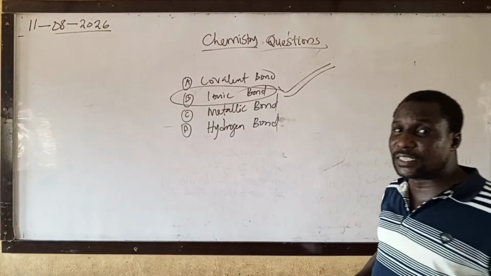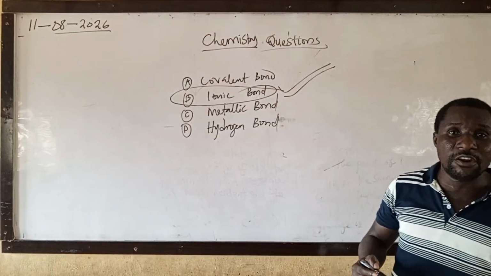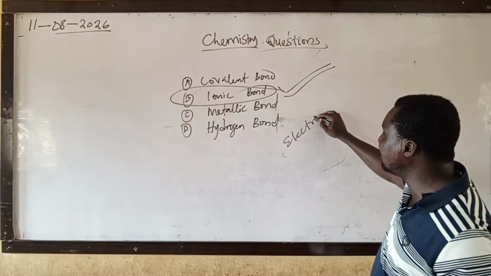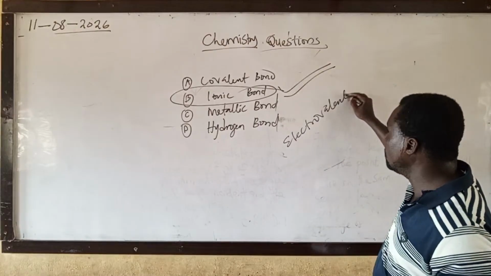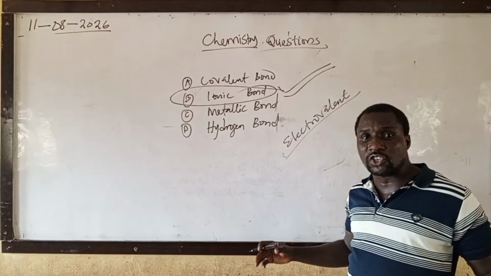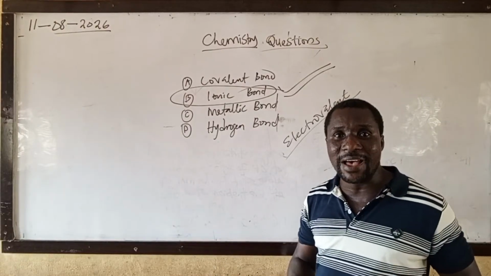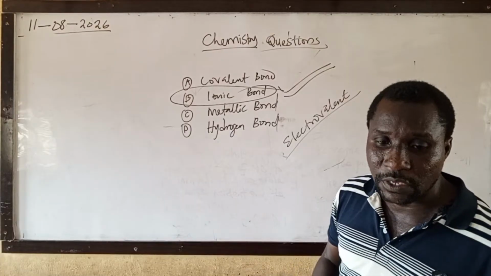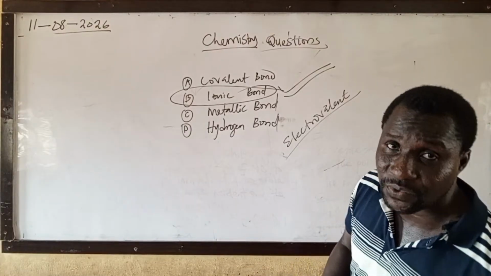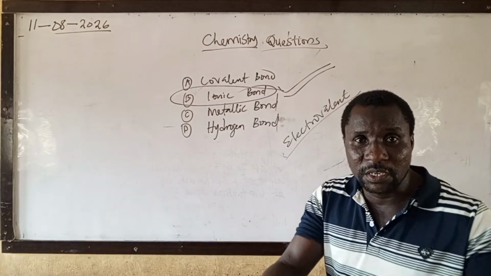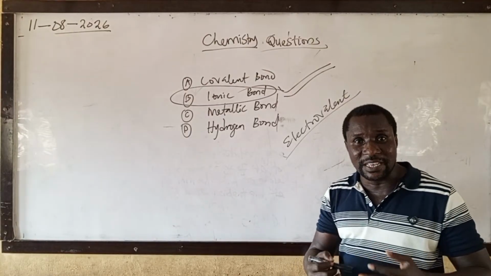Don't forget, yesterday I explained that ionic bond, which is also known as electrovalent bond, involves transfer of electron, in which one atom loses electron, the other atom gains electron.